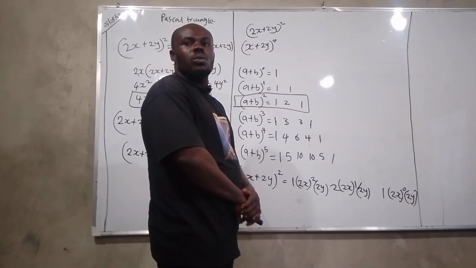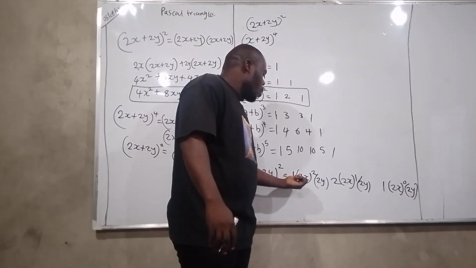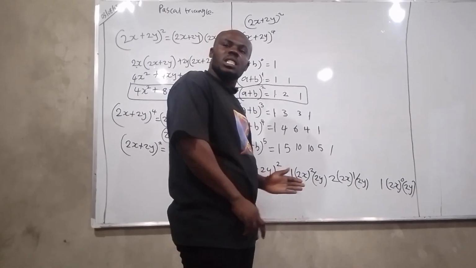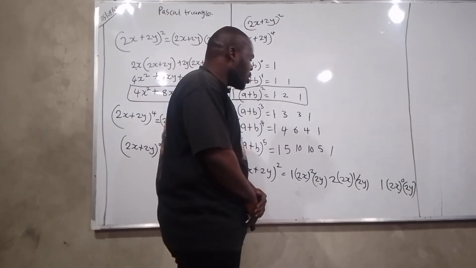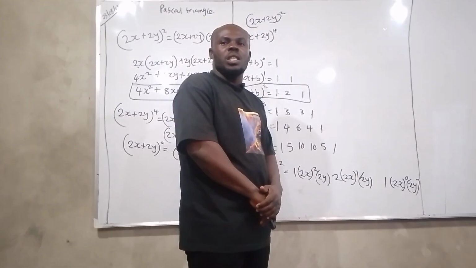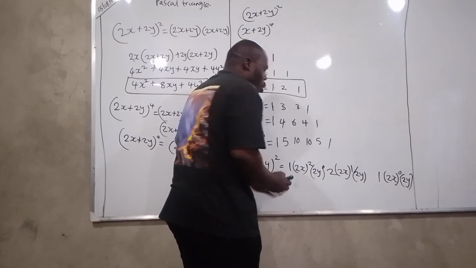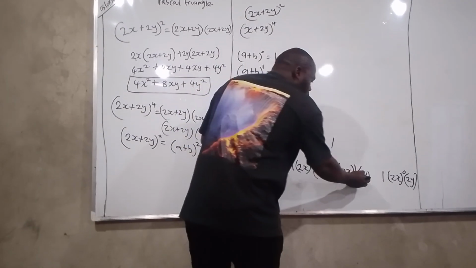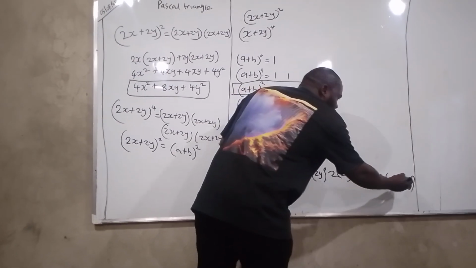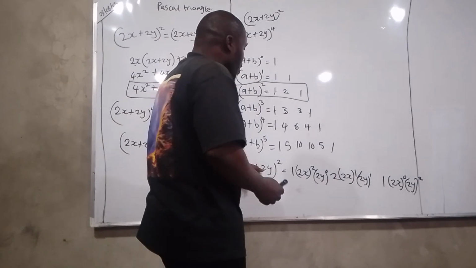If you notice one thing, as the power goes this way for your first term, it decreases, and for your second term, it increases. So it becomes 2y raised to the power of 0, 2y raised to the power of 1, and 2y raised to the power of 2. Then you bring down your plus signs.